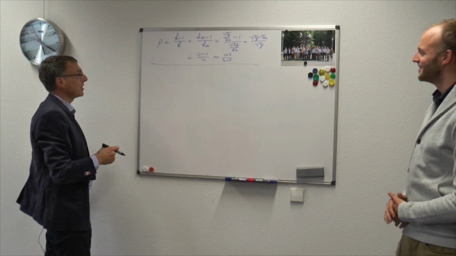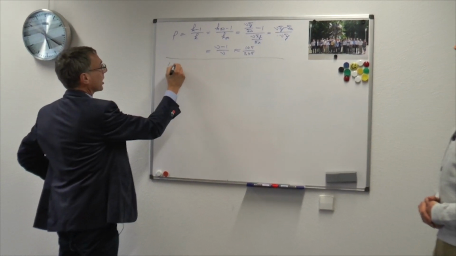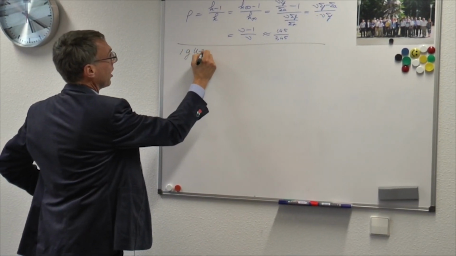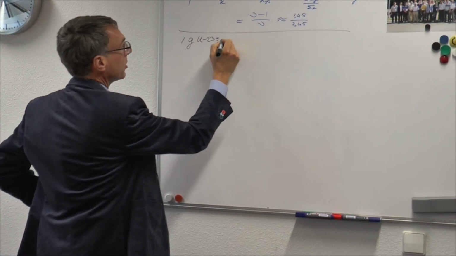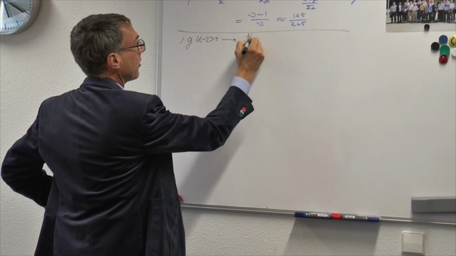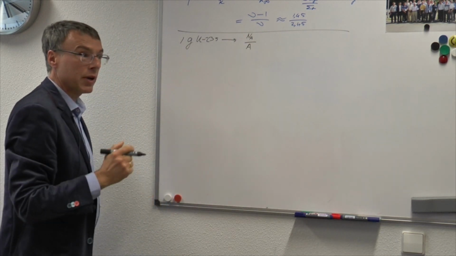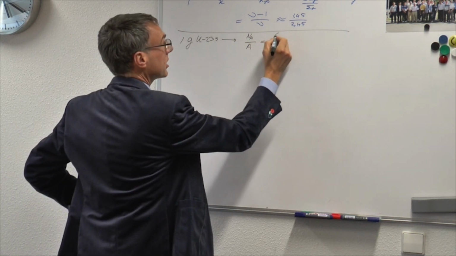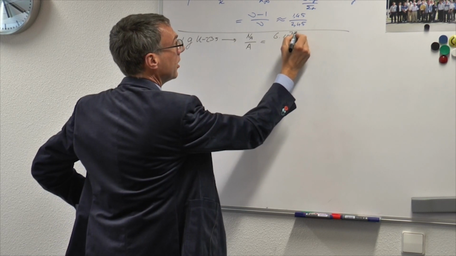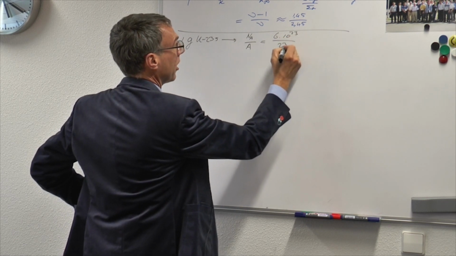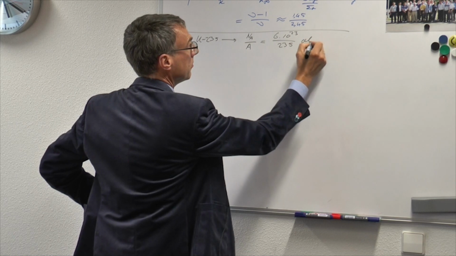So I will give the answer in black. We know that 1 gram of uranium-235 corresponds to the number of Avogadro divided by the atomic number of atoms. So this is 6 times 10 to the 23 divided by 235 atoms.